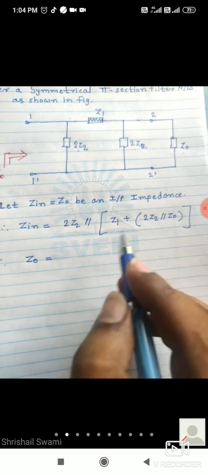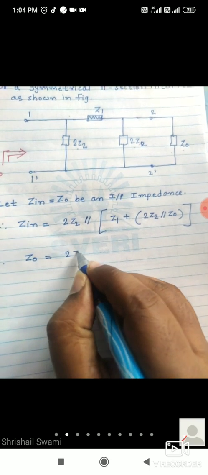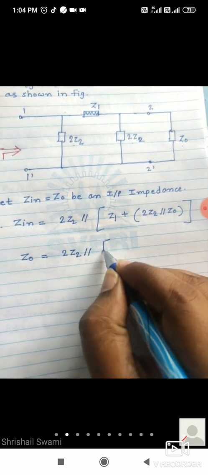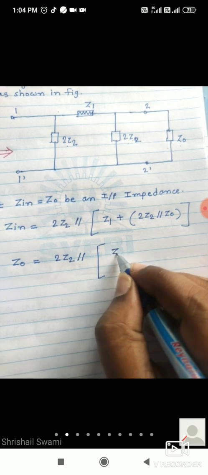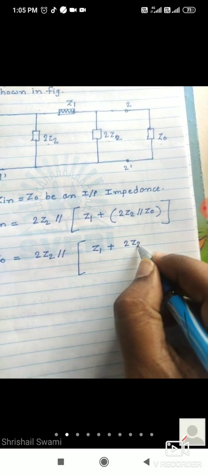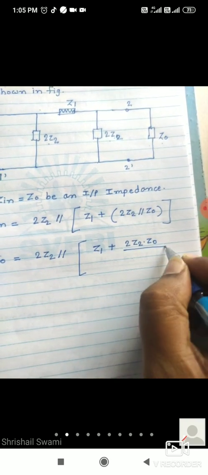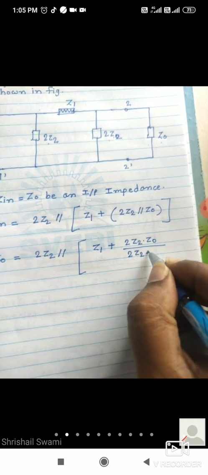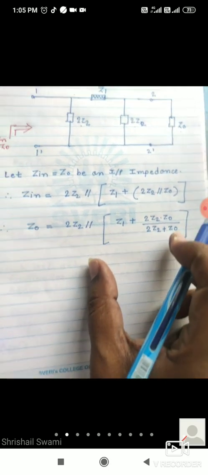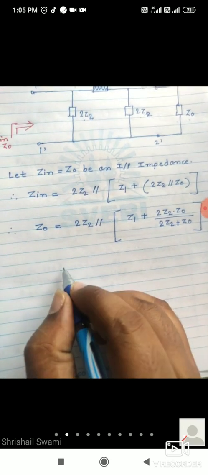Let us solve this one by one. So 2Z2 is in parallel with, first of all we can solve this one, Z1 plus, now solve the bracket, this parallel combination 2Z2 into Z0 divided by 2Z2 plus Z0. Understood? Now what to do, you can consider this as one and this as one and take the parallel combination.